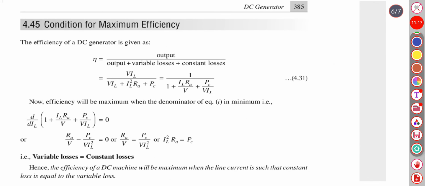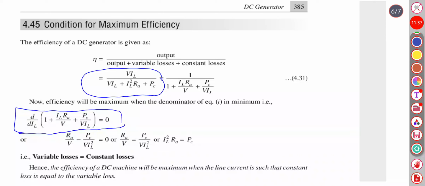Now what is the condition for the maximum efficiency of a DC generator? As we have seen, the formula for the efficiency is this. Now the differentiation of this term with respect to I_L should be 0, then we will get R_a upon V equals P_c upon V I_L square, or you can say I square R_a equals P_c.